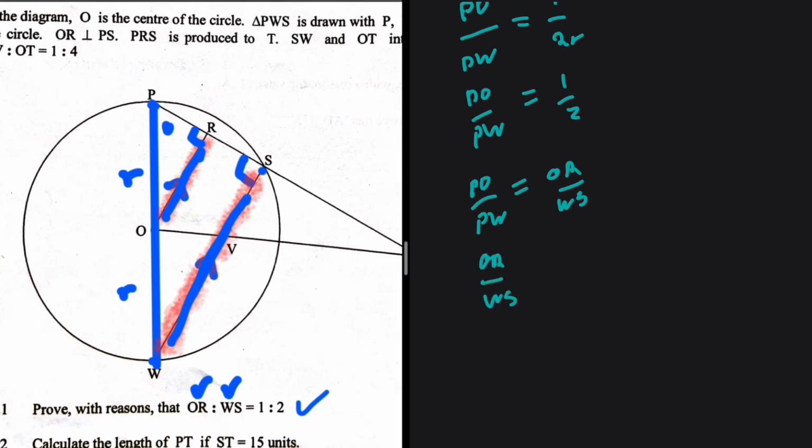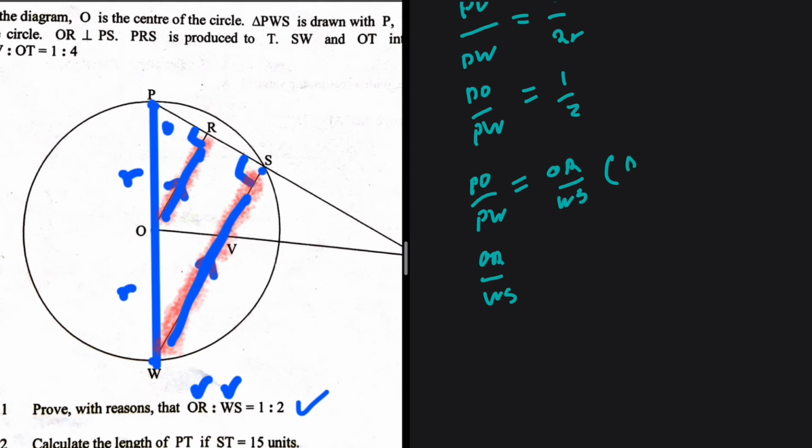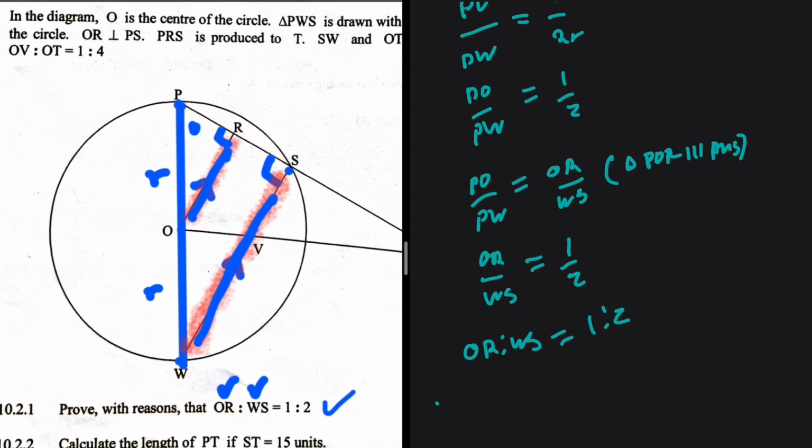The reason here, I'm forgetting to give the reason: POR is similar to PWS. So OR over WS is 1 over 2. So OR is to WS is equal to 1 is to 2. Okay, that is 10.2.1.